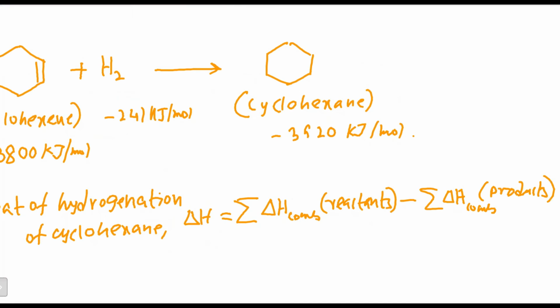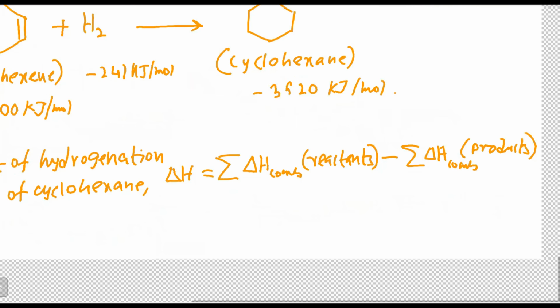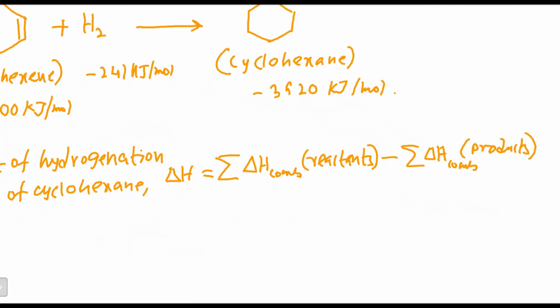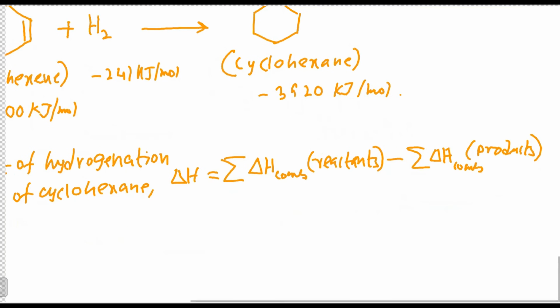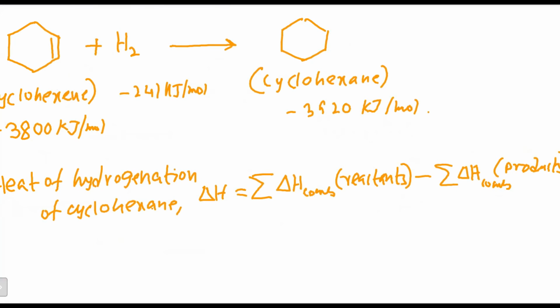This is the formula to find out the heat of hydrogenation. Here it is cyclohexene, I'm very sorry. So reactants minus products. By this you can find out the heat of hydrogenation of cyclohexene.